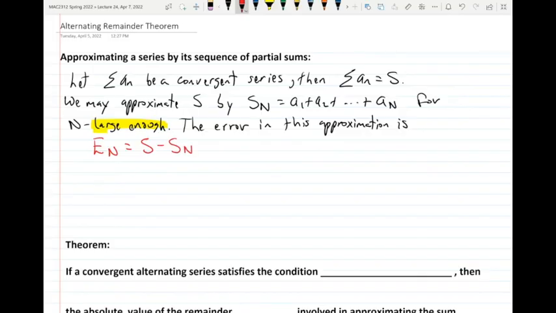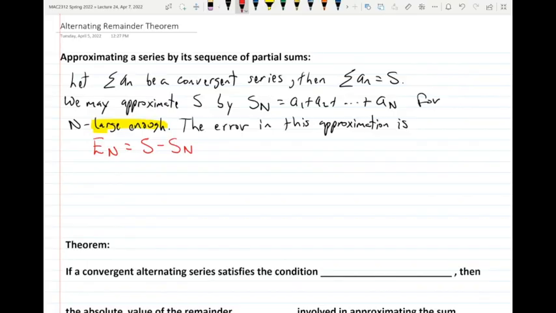And the point is that the smaller this error is, the closer Sn is to S. So if this number is close to 0, then Sn is close to S. So the smaller the error is, the better is our approximation. So our job is to try to minimize this error.